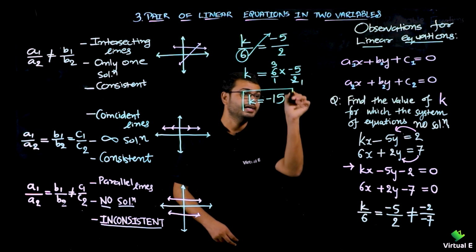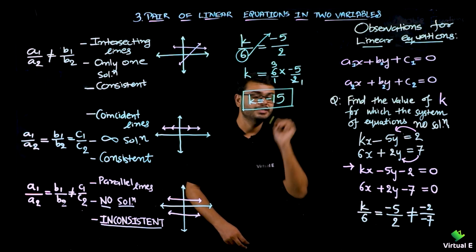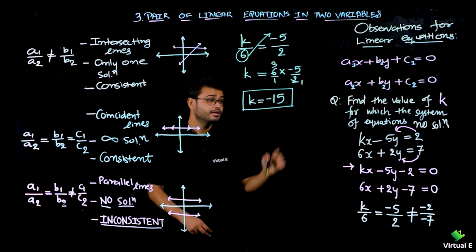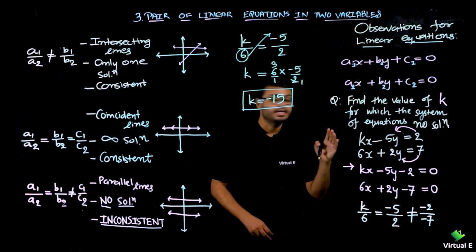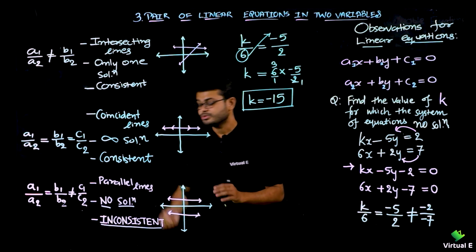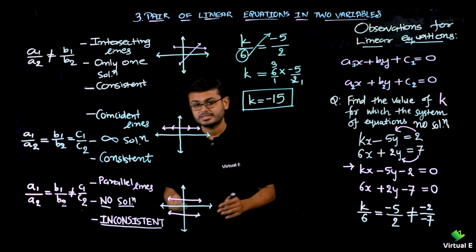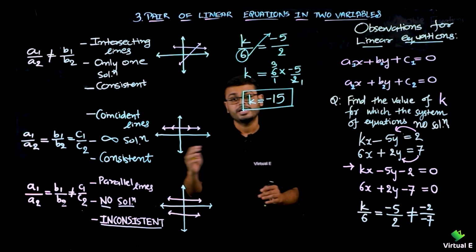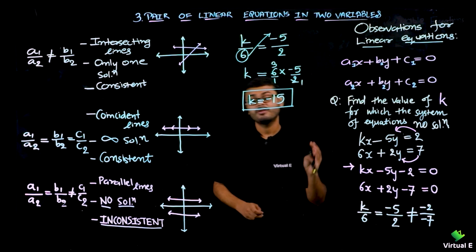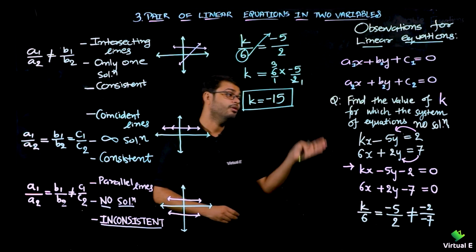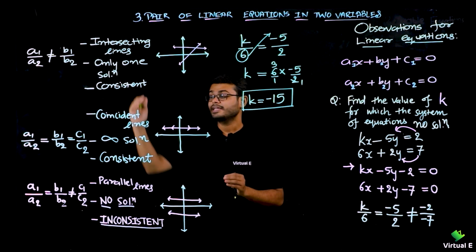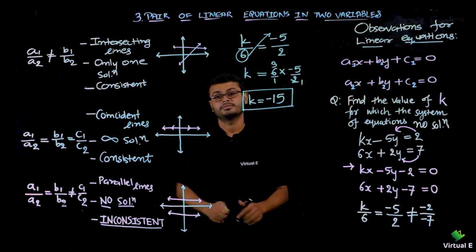So if I take k is equal to minus 15 over here, I will be getting the category as no solution or parallel lines or inconsistent pair of equations. So this is how we find the value of unknown when category is given in question.